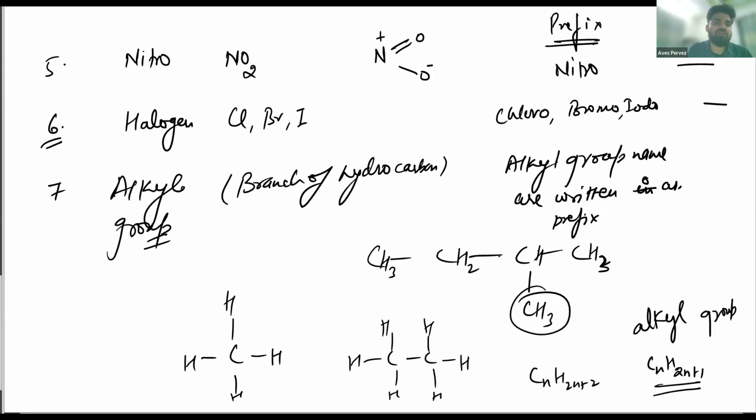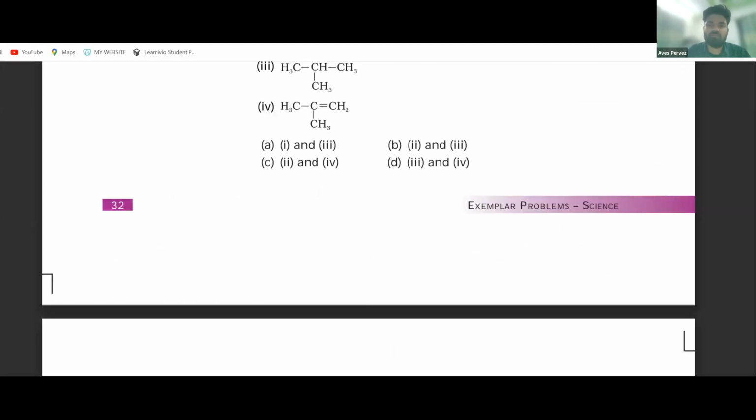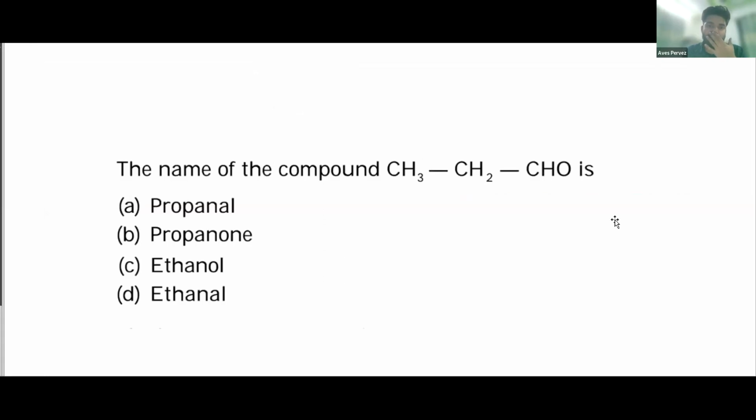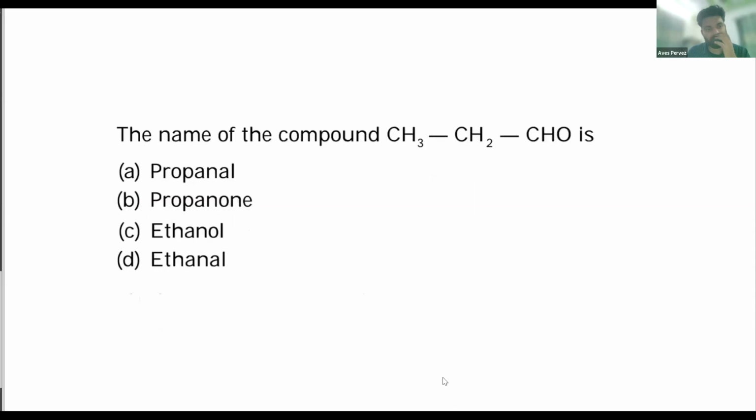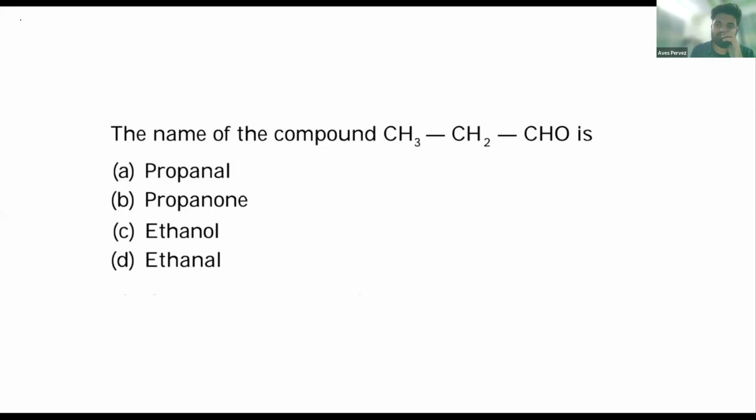So tell me what is the correct answer for this one? Name the functional group present in this compound. Sir, propanol. Yeah, that is the name of the compound, this is of 3 carbon, so we're going to have prop.